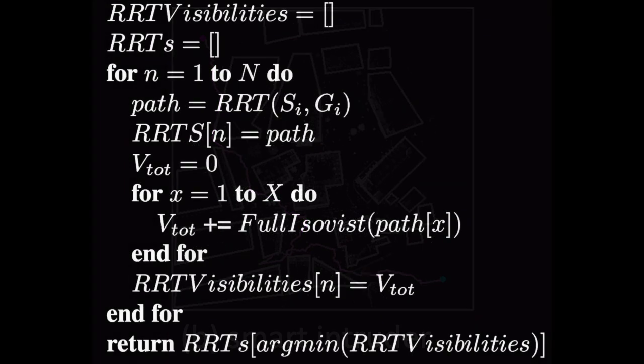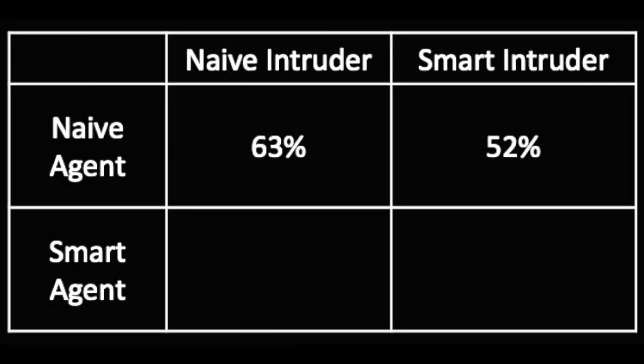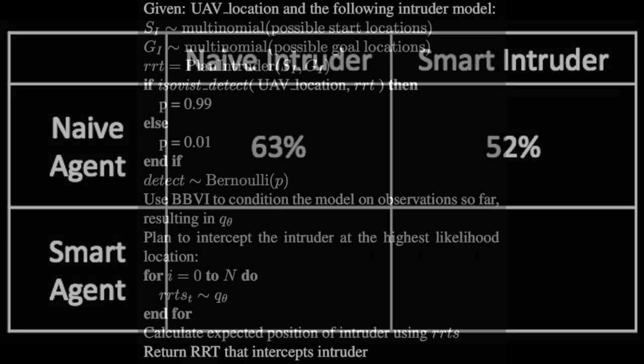We can represent that in our probabilistic programming framework as a small optimization problem, where the smart intruder considers multiple paths, calculates expected visibility for each of them, and then picks the one that it thinks will be the least likely to result in detection. It's a little bit complicated, but if the intruder does this, he is indeed able to reduce his detection rate from 63% to 52%, a win for the intruder.